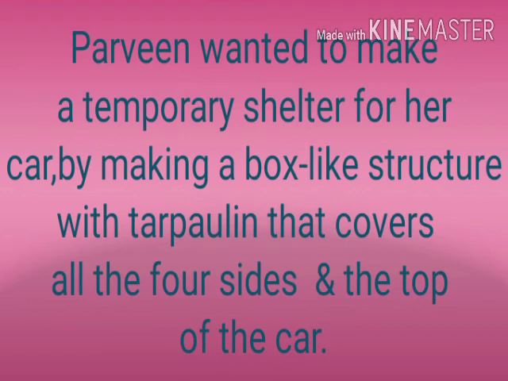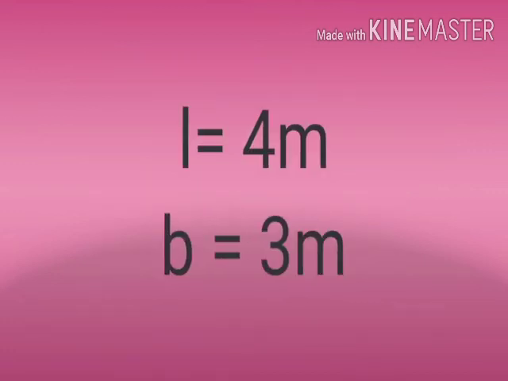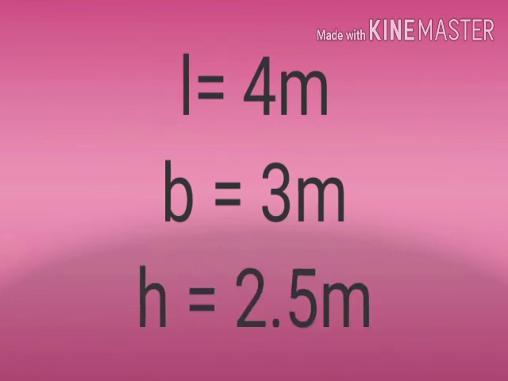Assuming that the stitching margins are very small and therefore negligible, how much tarpaulin would be required to make the shelter of height 2.5 meter with the base dimensions 4 meter by 3 meter? So according to the question, the dimensions of the temporary shelter are L equal 4 meter, B equal 3 meter and height H equal 2.5 meter.